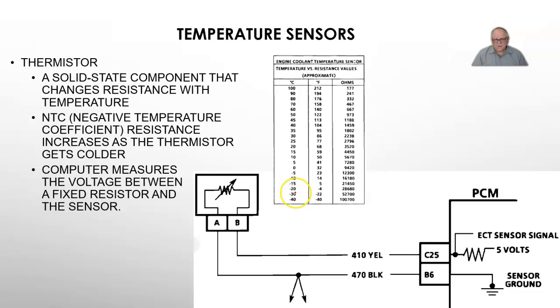From minus 40 to minus 30 degrees, we're almost 50,000 ohms difference. From 90 degrees centigrade to 100 degrees centigrade, we're only about 170 ohms difference. There's a larger resistance change in colder temperatures. This gives the computer more accurate monitoring of the temperature changes at colder temperatures.